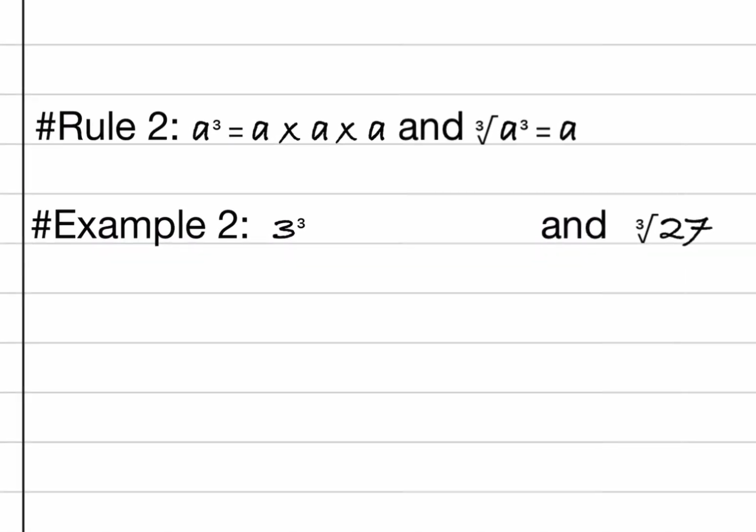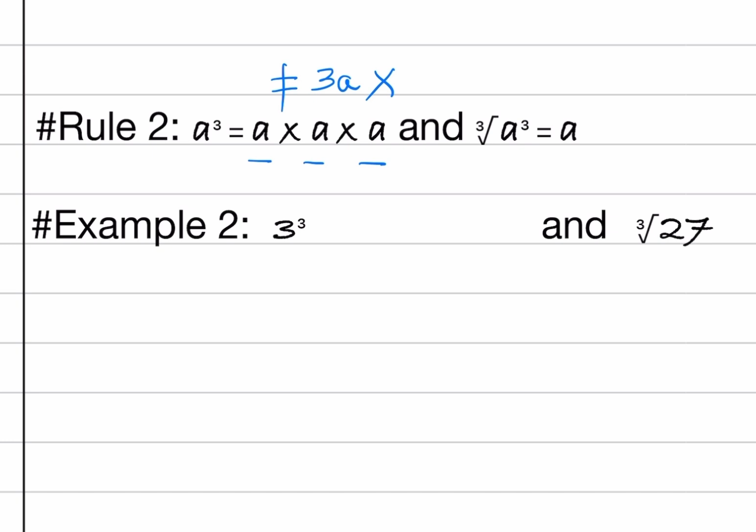Now the same rule applies for a cube and the cube root. So a cube is always a tripled, a times a times a. And again, it is not the same as 3a.